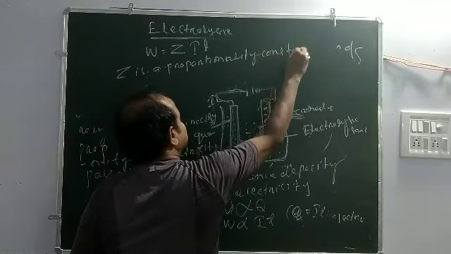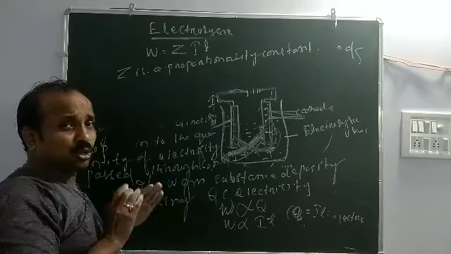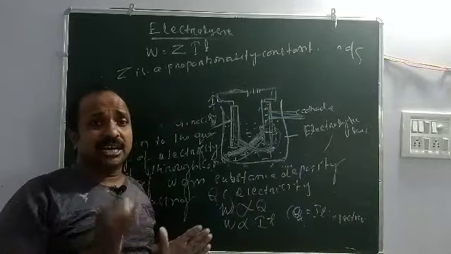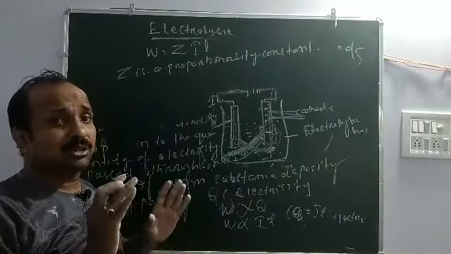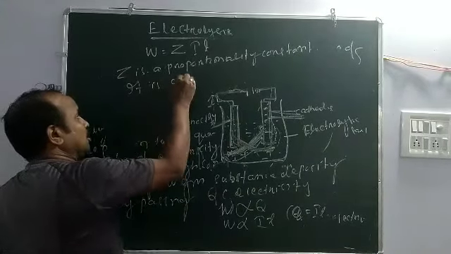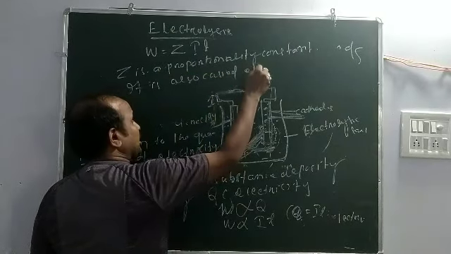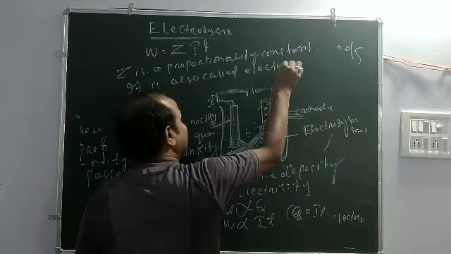Okay, Z is a proportionality constant, and it is also called the ECE, electrochemical equivalent.